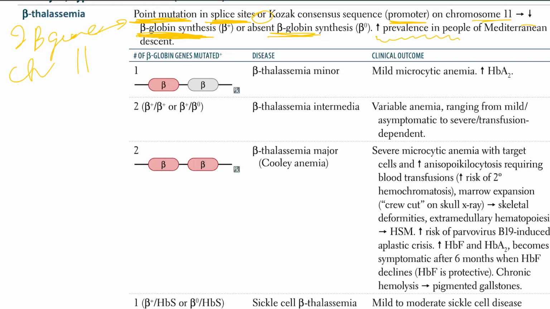It is increased in prevalence in people of Mediterranean descent. So now let's talk about the number of beta globin genes point mutated. So here, if you have one mutation and one normal, you have beta thalassemia minor. Minor has mild anemia and an increase in hemoglobin A2.